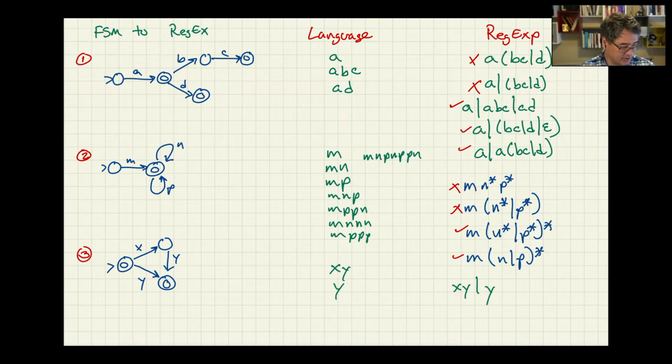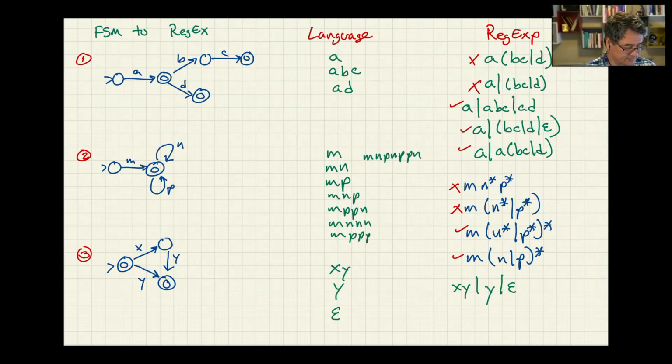Does the third one require epsilon also? Oh, because it also accepts, yeah, you're right. This one also accepts the empty string, right? Because the initial state's also an accepting state. So here we would have to put that in, because that's explicitly one of the things it accepts.